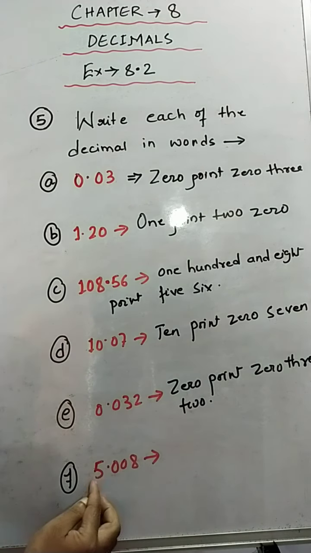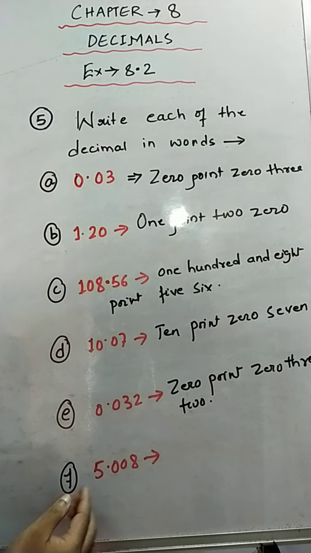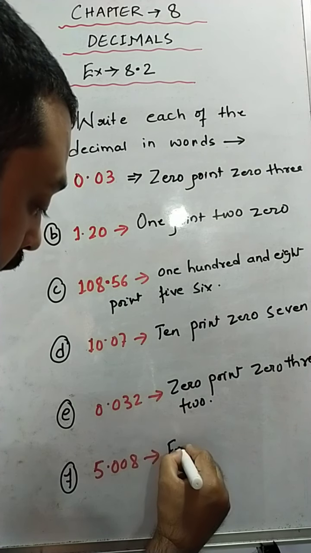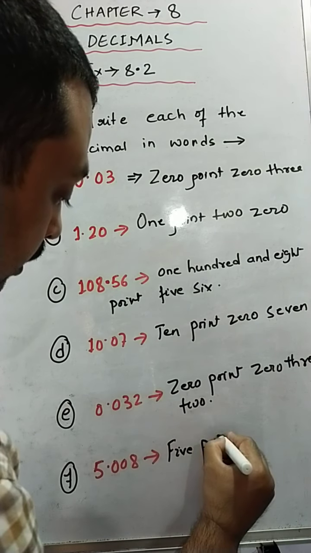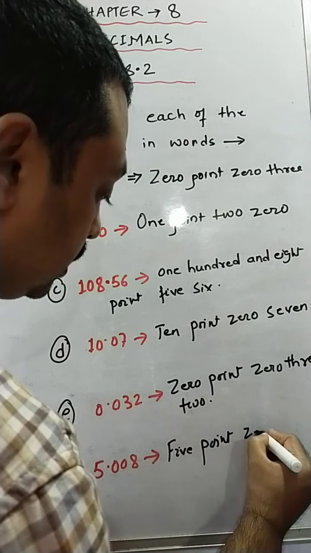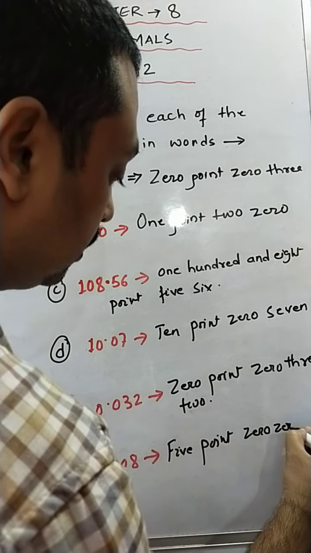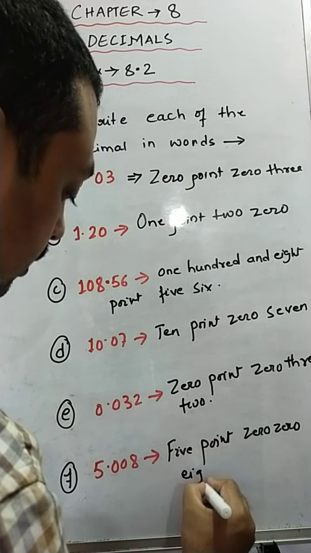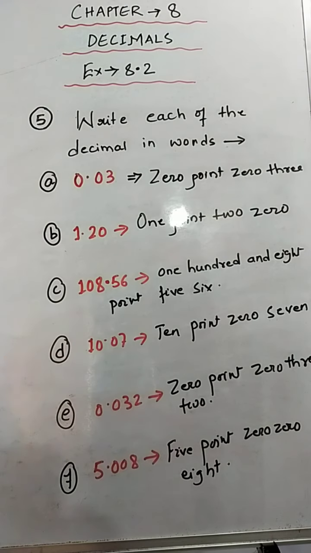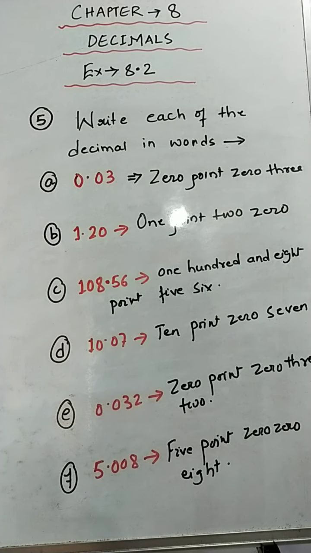We have just 5 on the left hand side of the decimal, so we'll read 5 only. So 5.00008. Okay, so this is the solution of question number 5.